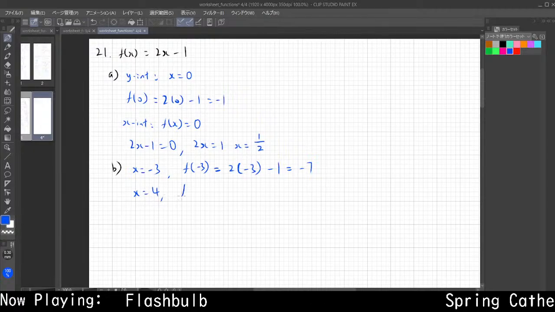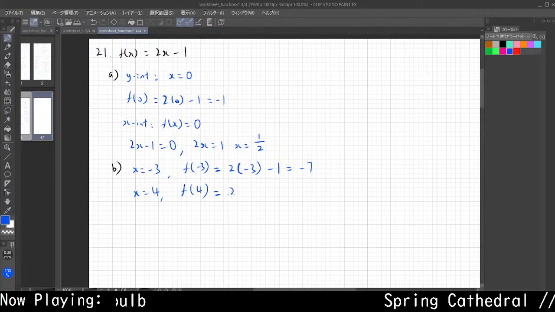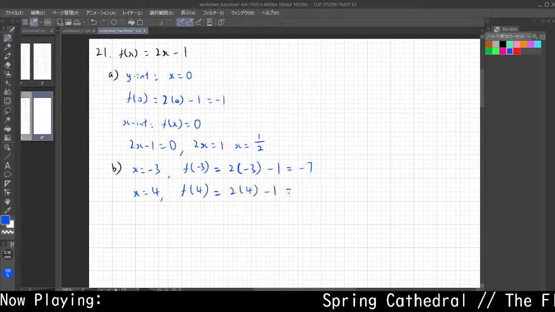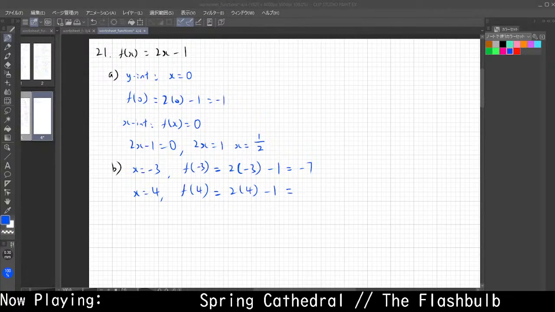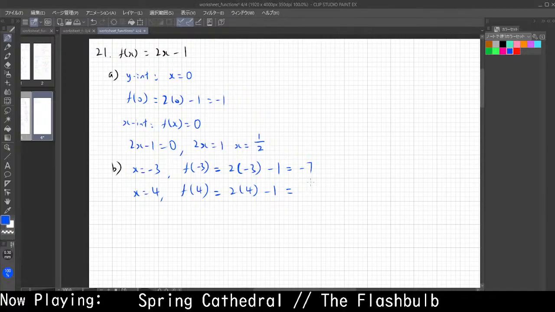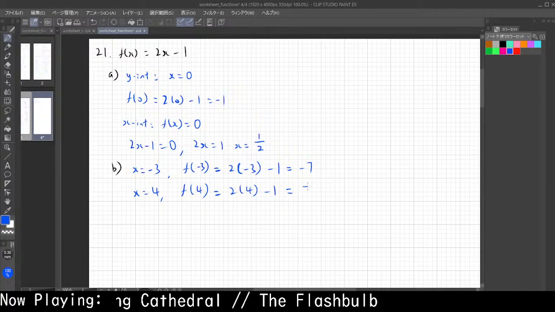x equals 4. f(4) equals 2(4) minus 1. This should be equal to 8 minus 1, which is 7. Okay, so we have this.